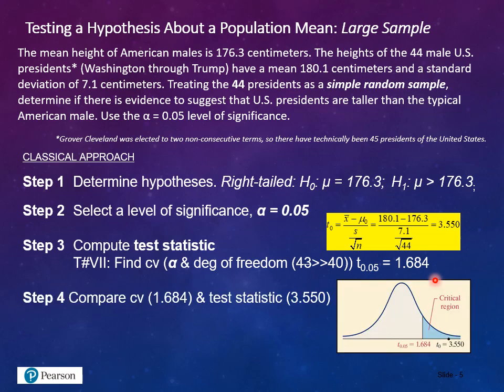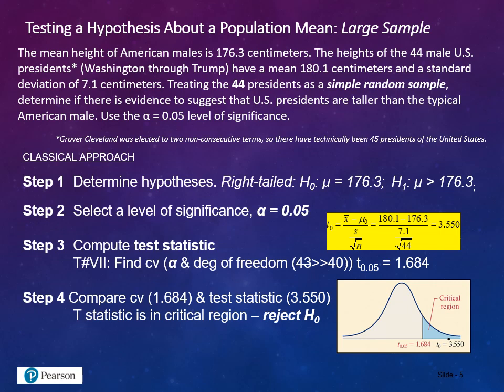Okay, this is the critical value, so this creates the right tail critical region, all the values that are greater than 1.684, and we shade that area. And so this is the critical region we're going to evaluate against. And so our critical value, where the right tail critical region begins, and our test statistic 3.550, we can see is deep in that critical region.